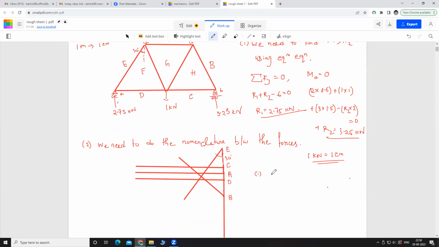For the outer, it's fine, right? You can understand that depending on the value of the force, you will go up and down, depending on the direction.